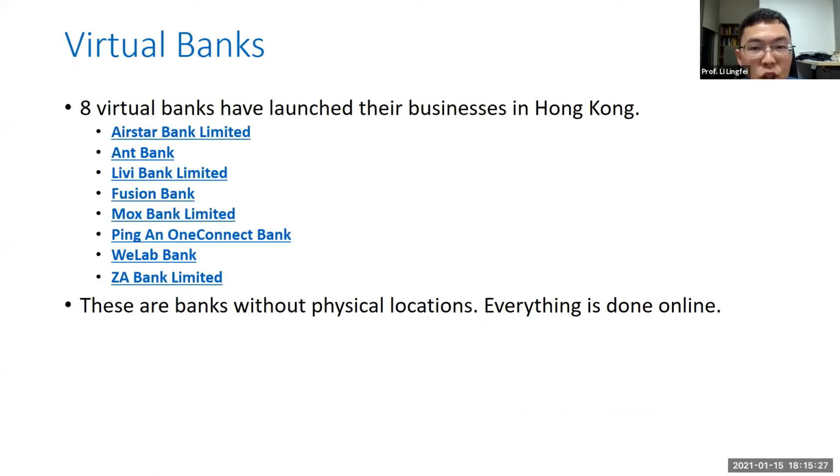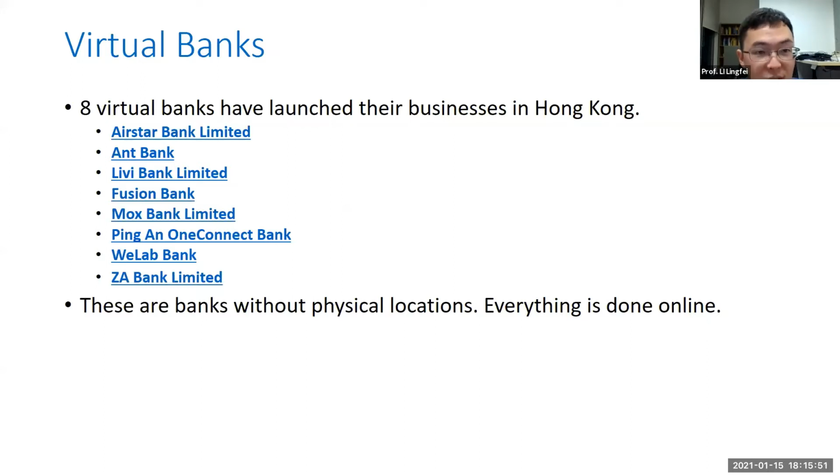The third application that I would like to discuss is virtual banks. In Hong Kong now we have 8 virtual banks already, and probably more FinTech companies will apply for virtual bank licenses in the near future.